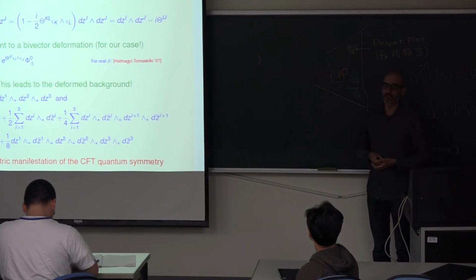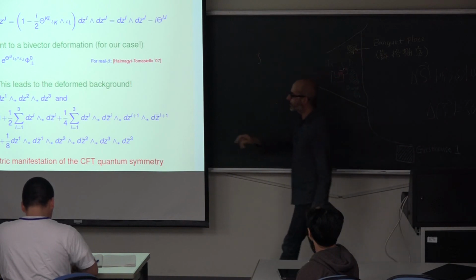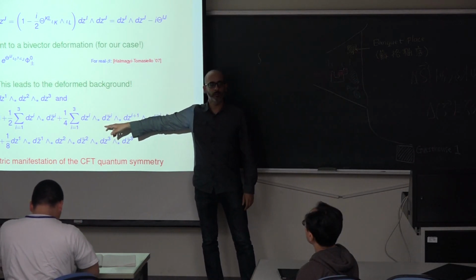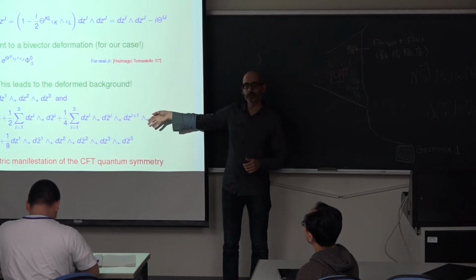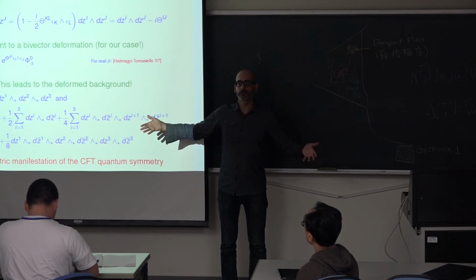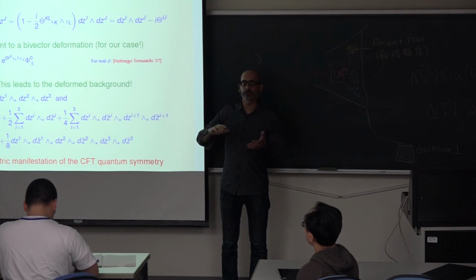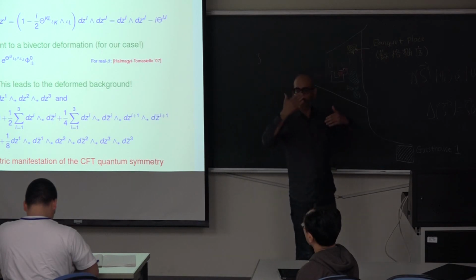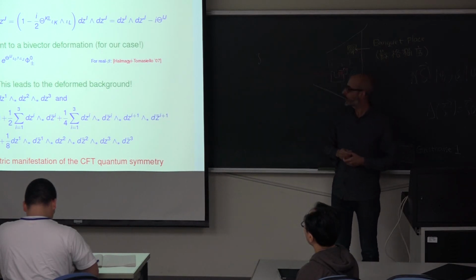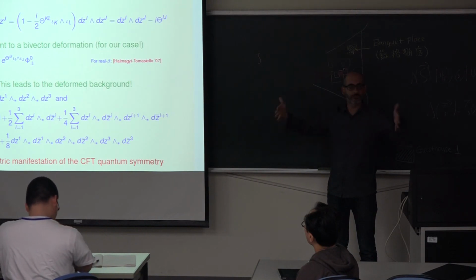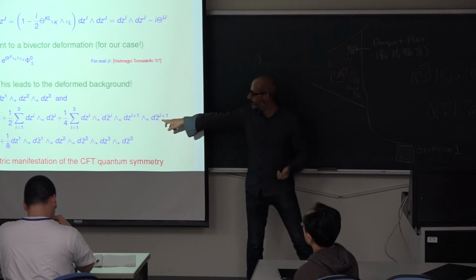They become a bit messy, but the interesting thing about this is because these are forms. So the star product on these forms, you get higher terms, but you run out of terms because the maximum you can get is a 6-form. So it's not a kind of deformation where you keep on going. So it's a finite number of terms that you can add when you expand out these star products.